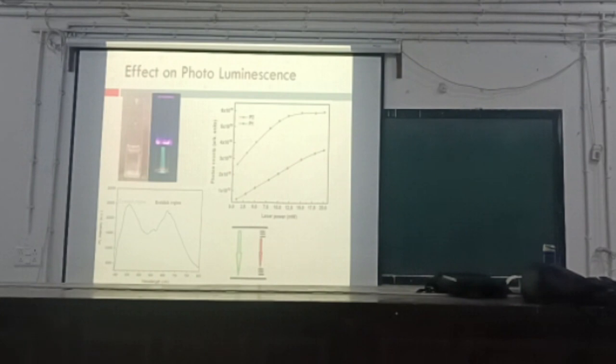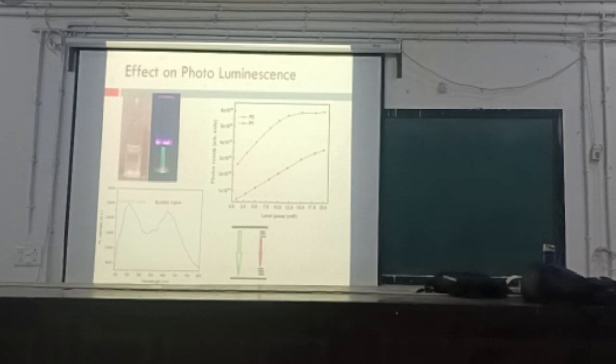So if you increase the incident intensity, and the light is coming out of defect states, it will saturate with increasing intensity. Because you are shining with more photons, but you don't have that many defect states where you can pump them. You have a very small number of surface states. So the output will saturate. It will not increase linearly.